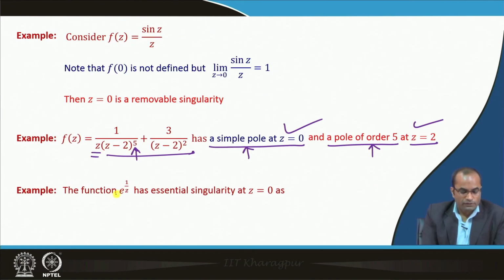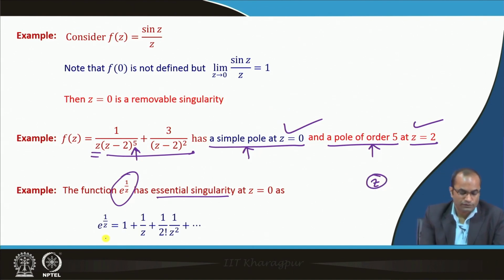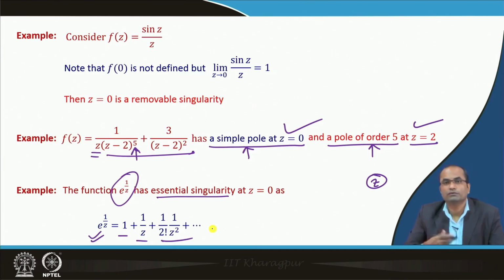Another example we will consider here is the function e power 1 over z, and what we observe is that this has an essential singularity at z equal to 0, and the reason is clear: if we expand this exponential of 1 over z in terms of powers of z, the expansion has 1 plus 1 over z, 1 over z squared, 1 over z cubed, and there will be infinitely many terms in the expansion.